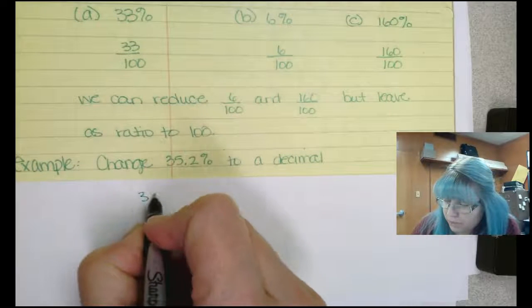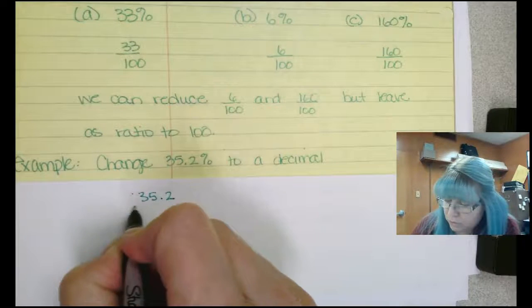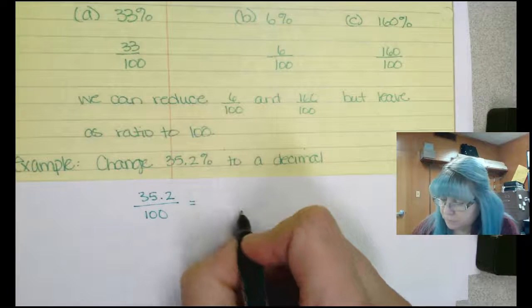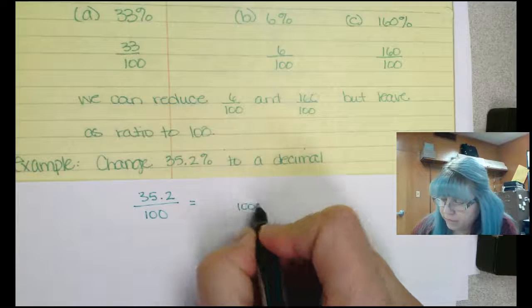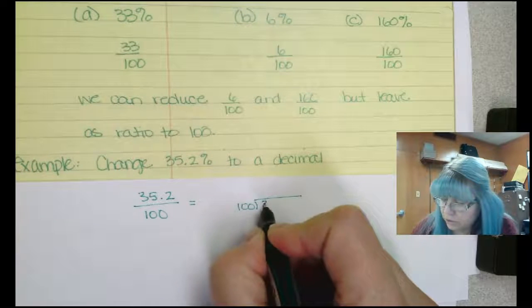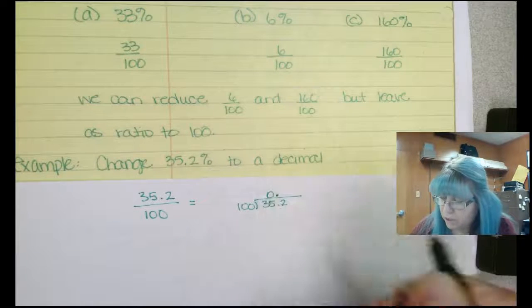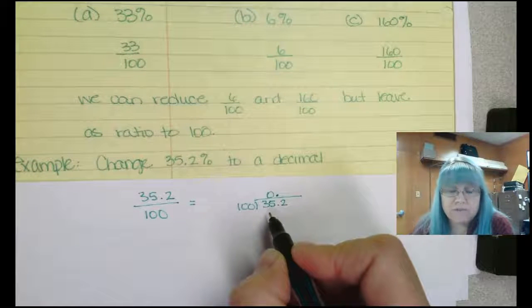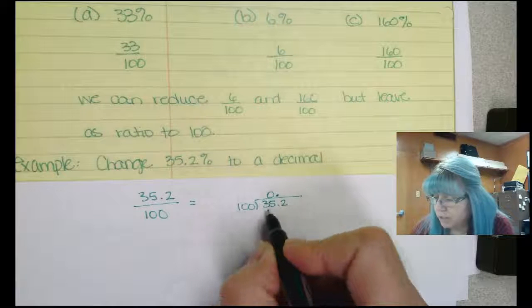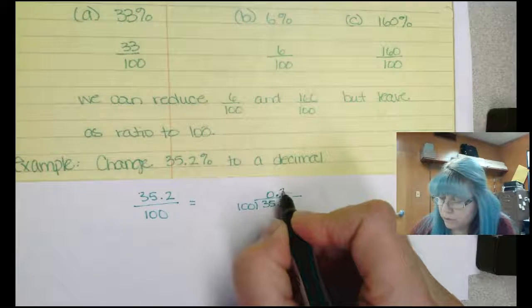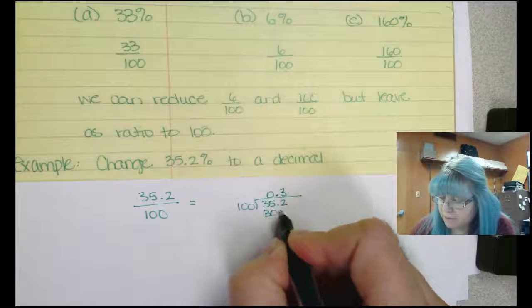So 35.2 to 100 will equal, well, 100 divided into 35.2. 100 does not go into 35, but 100 does go into 352 3 times.